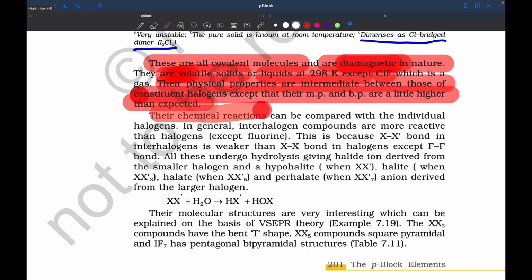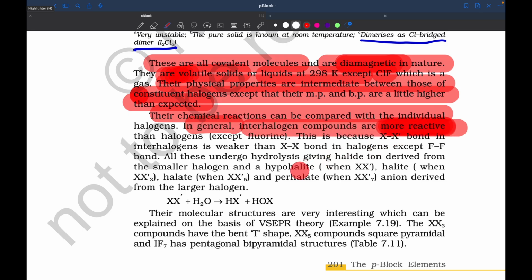Their chemical reactions can be compared with individual halogens. In general, interhalogen compounds are more reactive than halogens, except fluorine, a point to be noticed here. This is because the X-X' bond in interhalogens is weaker than the X-X bond in halogens except the F-F bond.